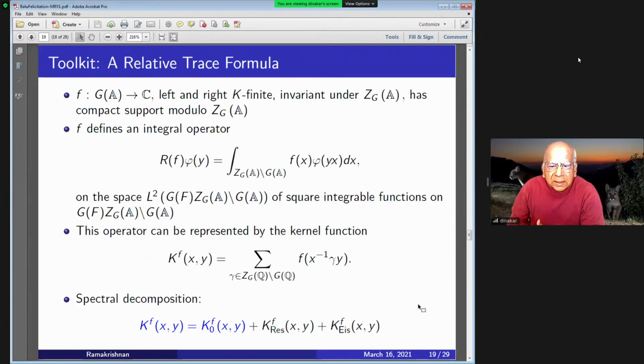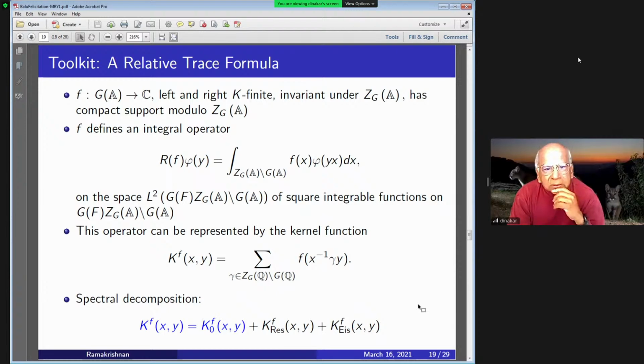So let me just say very roughly what the relative trace formula is, just for a few minutes, and then I'll stop. Okay, so if you take a nice function on G, forget that I've written adeles and so on to be precise, but you could think of it in the classical setup: instead of adeles modulo Q, you can think of reals modulo Z. Same thing, just minor differences.